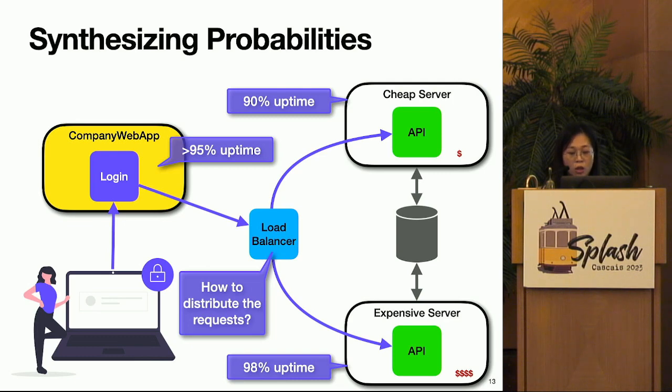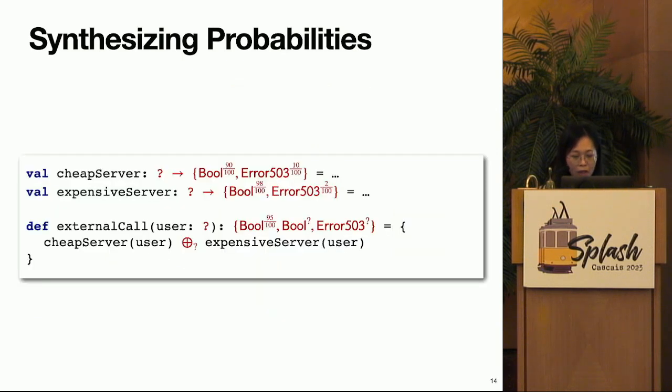To know this answer, you could model this problem using gradual probabilistic choice. In this case, you can model the cheap server as a function that returns something with 90% probability, and the expensive server returns something with 98% probability. The external code is going to use a probabilistic choice, and the probability of the choice is going to be unknown.